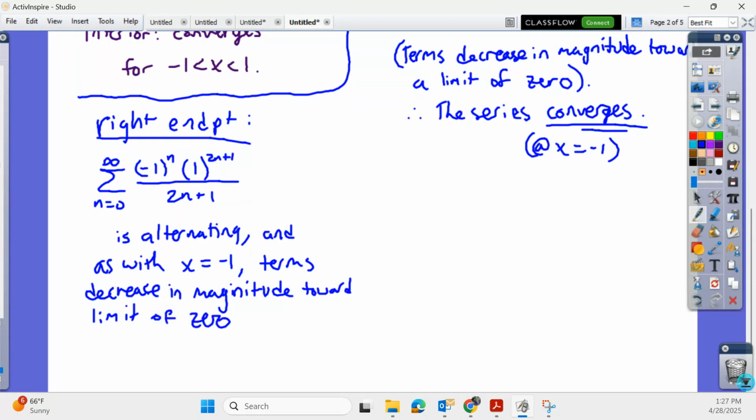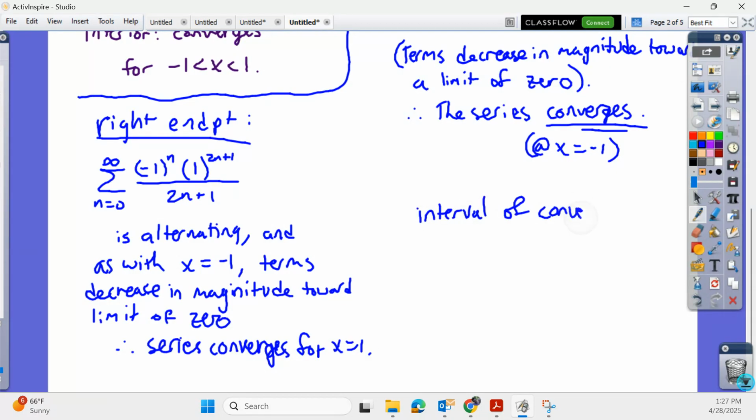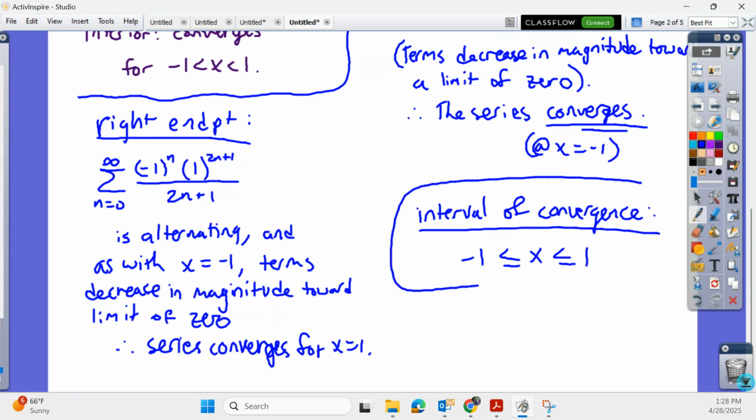In other words, the series converges for x equals 1. And so what does that mean? My final answer here, the interval of convergence, which is what was requested, is -1 to 1 with both endpoints included. That's part A. I told you that was a doozy.